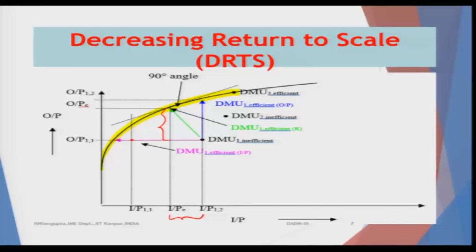In the other way, when you consider the horizontal left direction, you will only consider the output where you can decrease the input. So, a decrease in input can be, say for example, you have some permanent staff and some temporary staff.